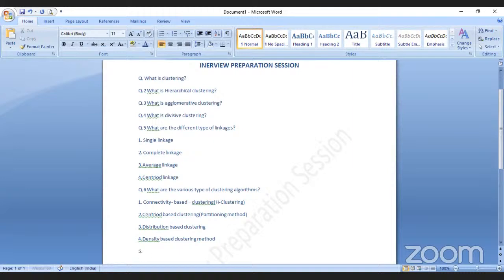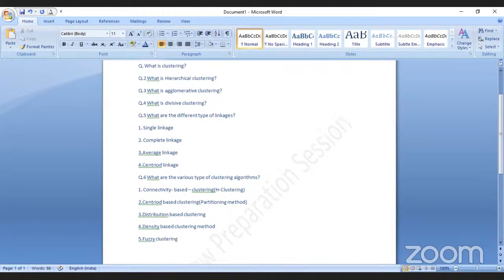Then we have fuzzy clustering. Then we have constraint based clustering, which is also called supervised clustering.